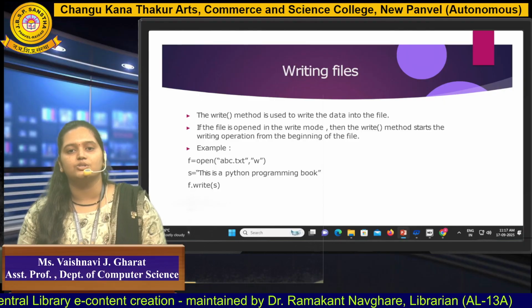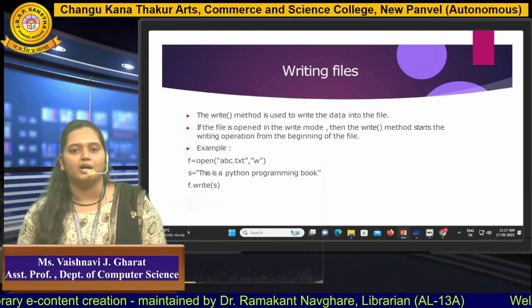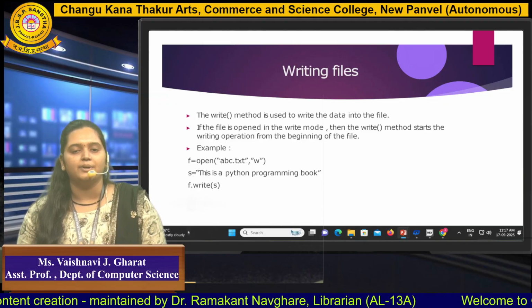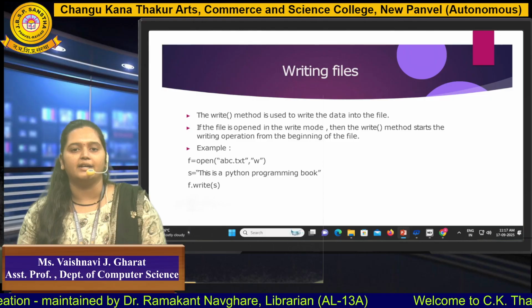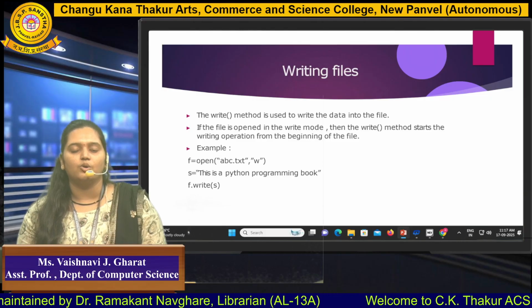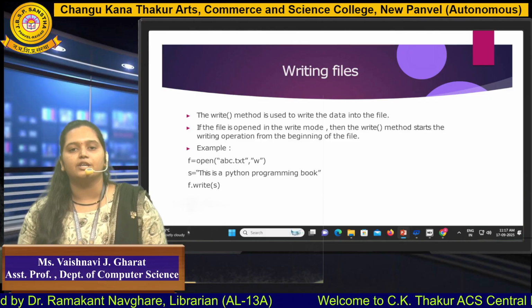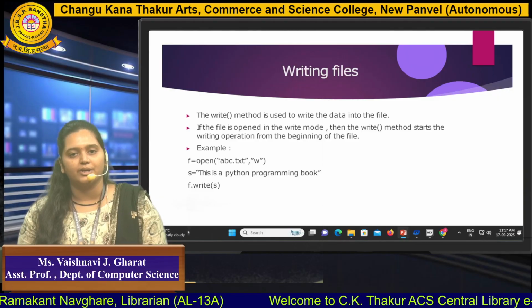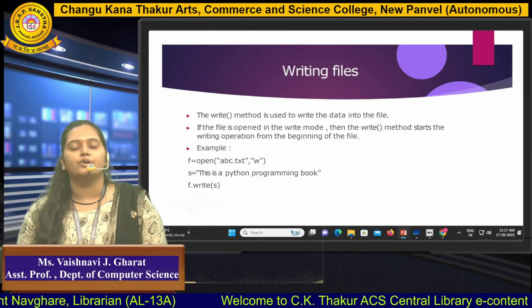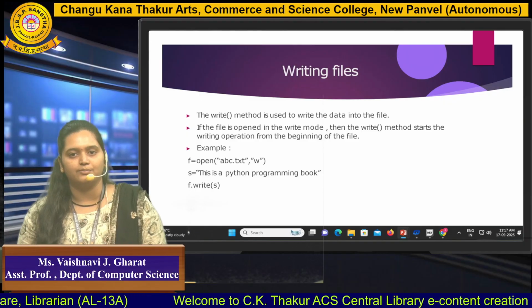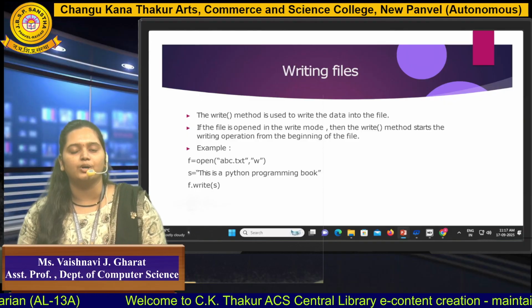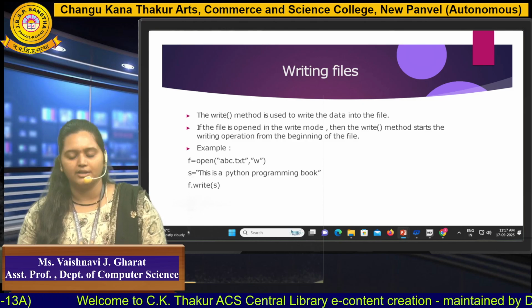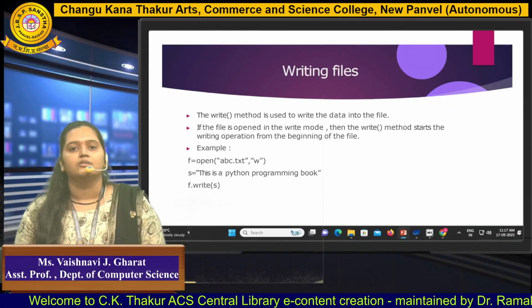Then s equals this is a Python programming book, as a string, and then f.write and f.close. So we are simply opening one file, writing in it, this is our Python programming book, and just closing that file.